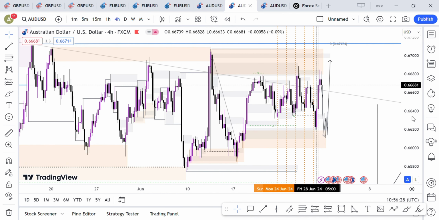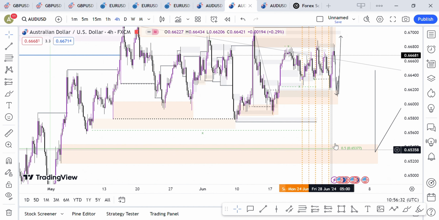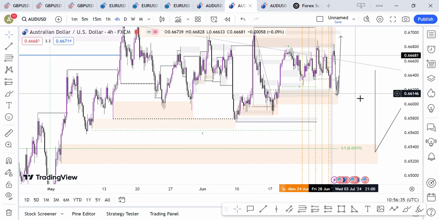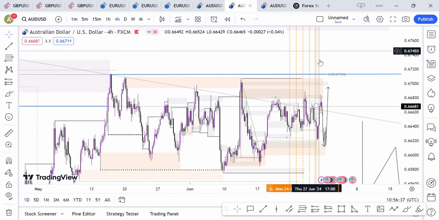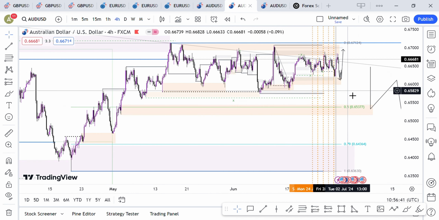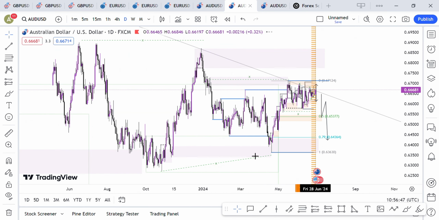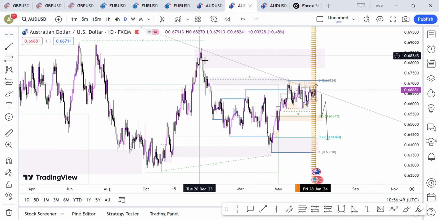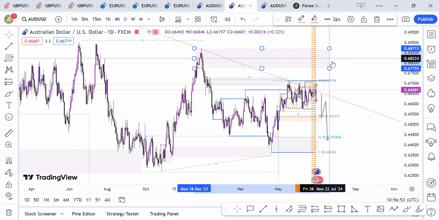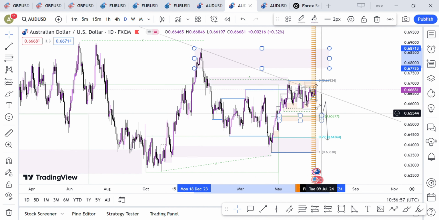If not so, then I'll be expecting price to come down to this equilibrium point, because it had not broken to the upside. And if it does break to the upside like here, then that will only mean we'll go up, but we will now have to look on the daily for price to come to this daily POI that I drew during my previous videos.